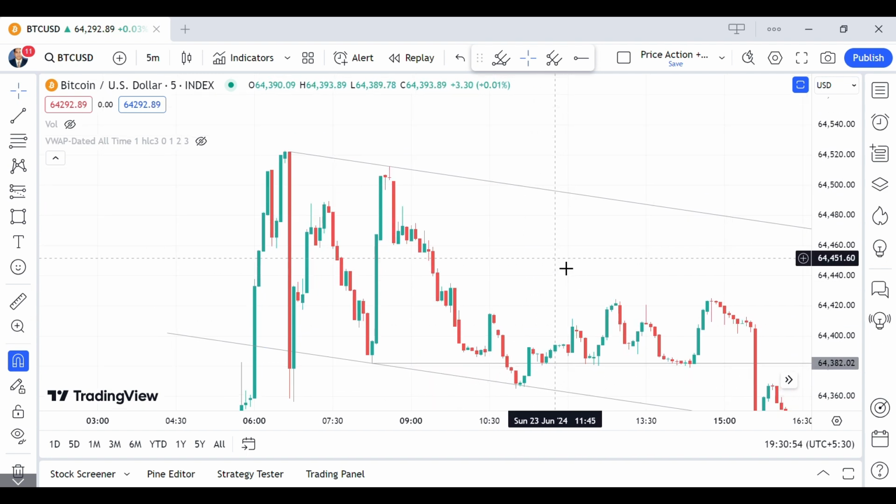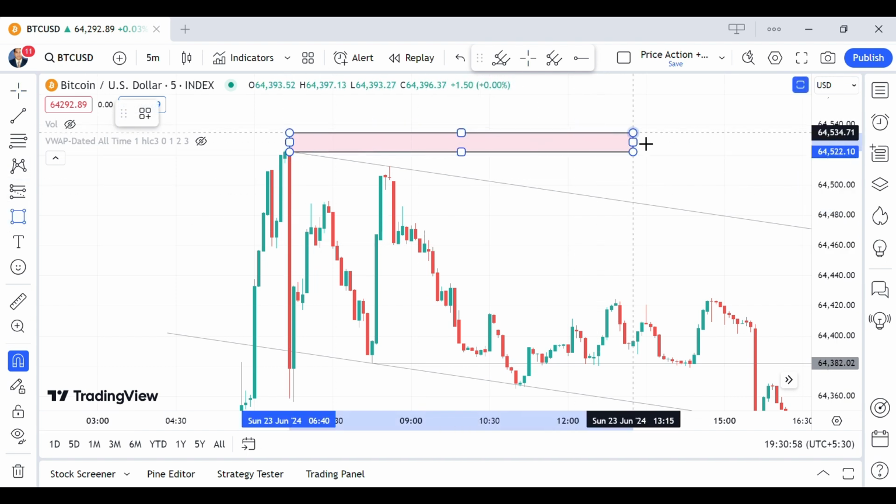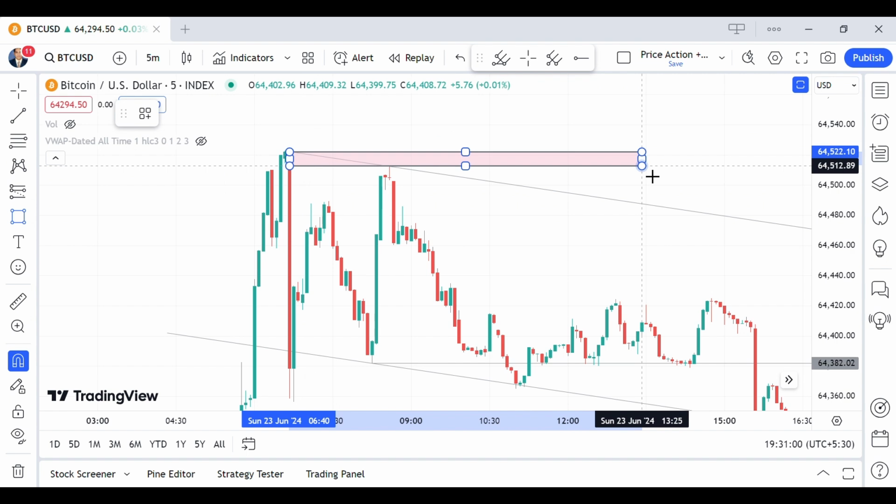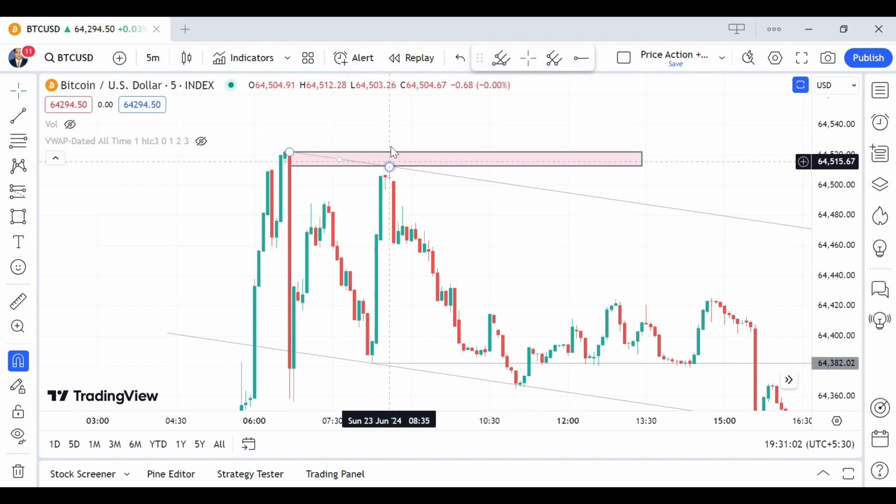Then we bring in the concept of advanced geometry, which is also called momentum shift. So here price has failed to reach this high, isn't it? So this is the magnitude of price which is lost in its upward momentum.